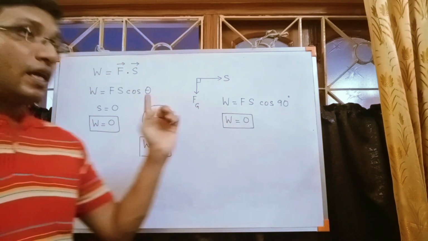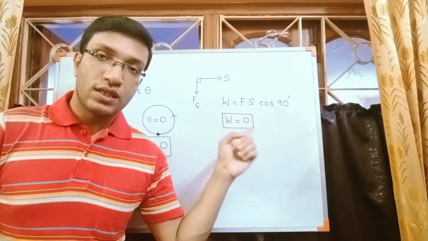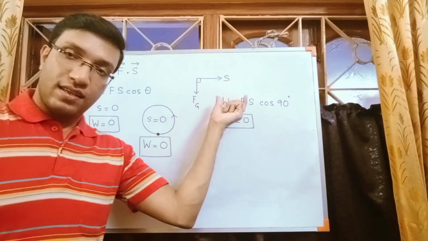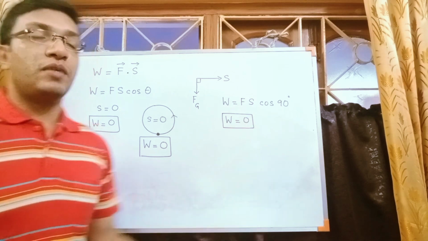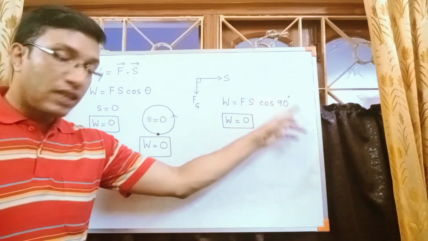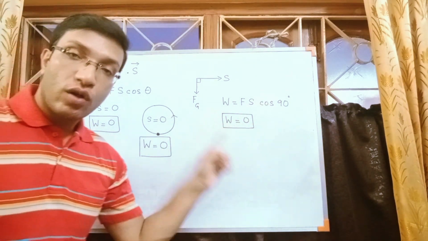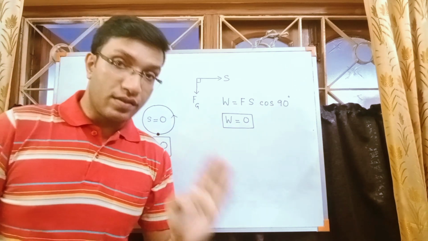So even though both force and displacement exist in this case, since the angle between force and displacement is 90 degree and cos 90 is 0, therefore the overall work done is 0.